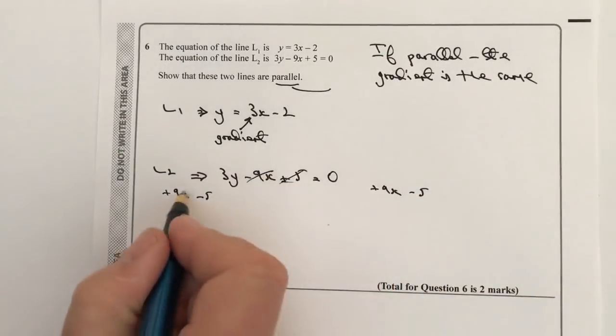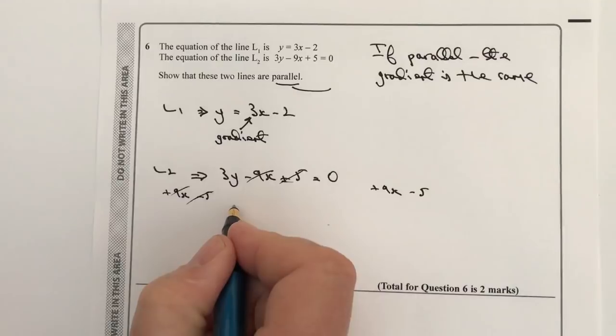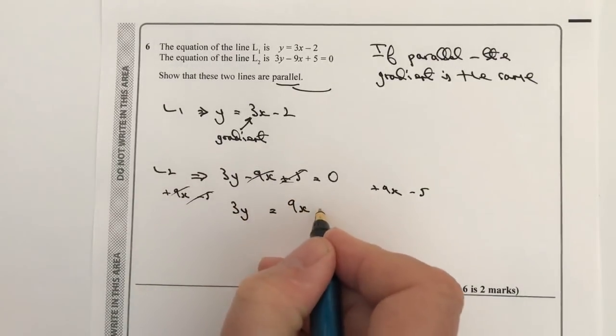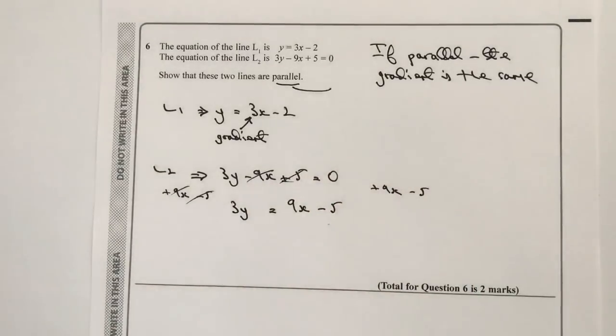Those two will cancel out, and on the left hand side I end up with 3y, on the right hand side I end up with 9x minus 5. I have skipped that and done it in one step where you could do it in 2 steps, but hopefully you get the idea that we're just moving some of the terms over to the other side of the equals sign.